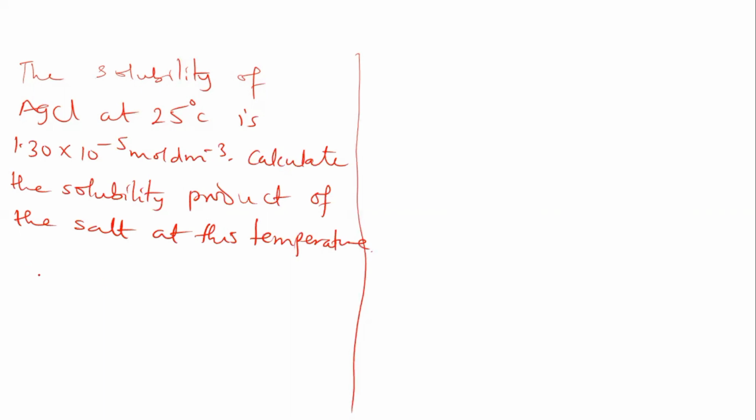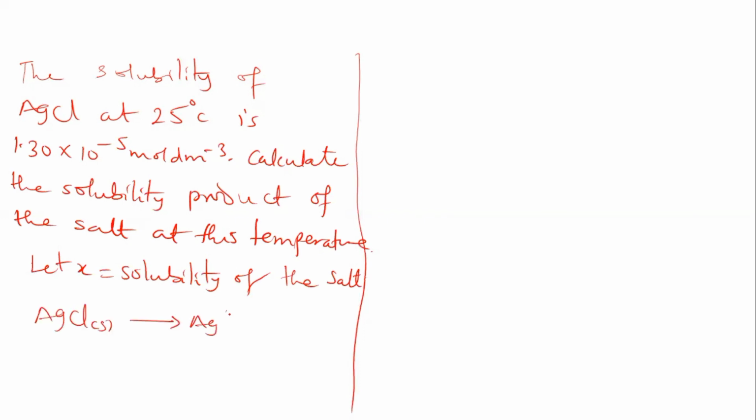Of course, let X equal the solubility of the salt. So what we have here is AgCl solid producing Ag plus aqueous and Cl minus aqueous, that's chloride aqueous.